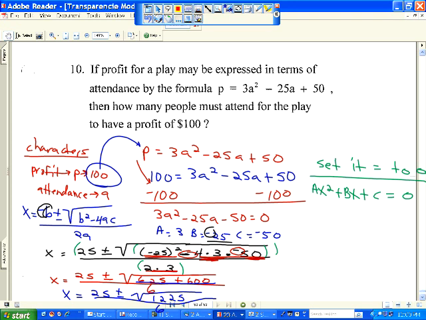So now what would I do? Square root of 1,225, is that 35? Good. So we're going to move this over here. So we're going to have x is equal to 25 plus or minus 35 all over 6.